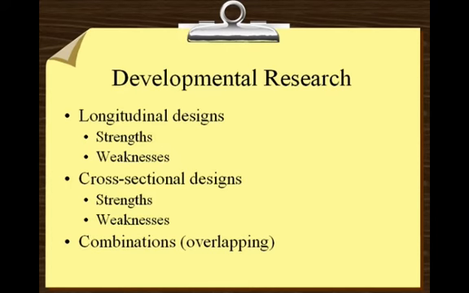And there's really a combination of the two. We can combine the longitudinal, where we look at groups of people over a long period of time, and do snapshots like I talked about, the cross-sectional design. So that's quite common, whereas we have a combination of a longitudinal cross-sectional design for developmental research.